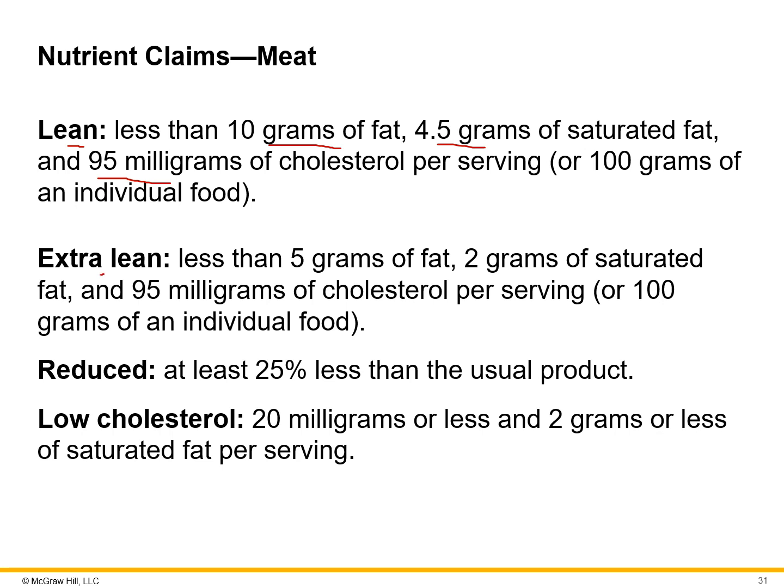Extra lean means that it has less than 5 grams of fat, 2 grams or less of saturated fat, and 95 for cholesterol, so it's still the same there. Again, reduced is at least 25% less compared to another product. And then low cholesterol would be 20 milligrams or less, and 2 grams or less of saturated fat per serving.